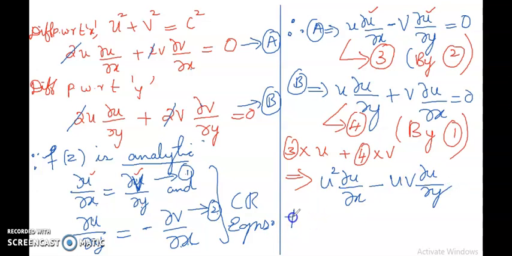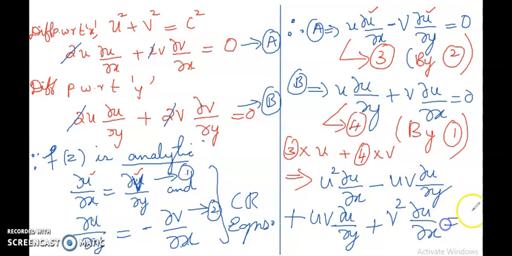Then we add 4 into v, which gives plus uv dou u by dou y plus v square dou u by dou x is equal to 0.